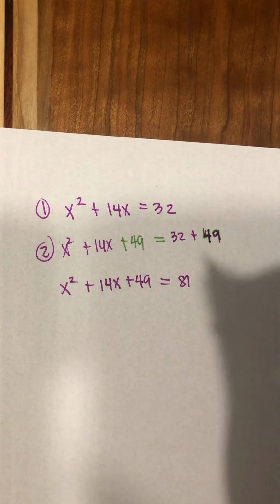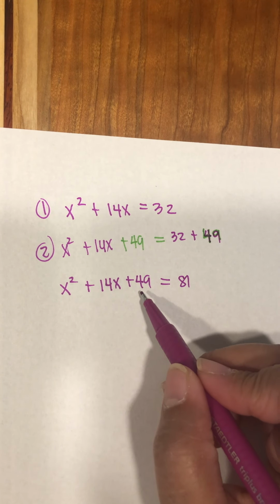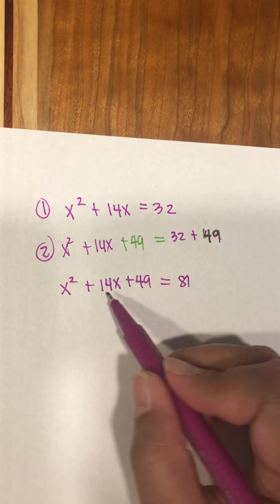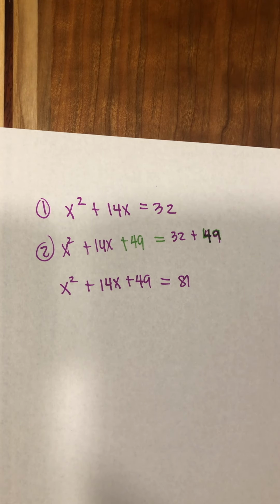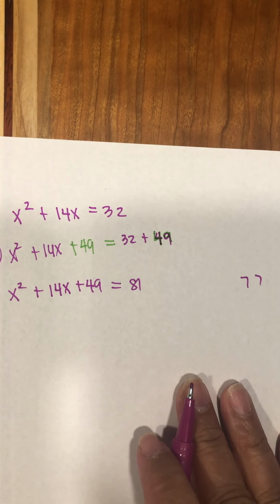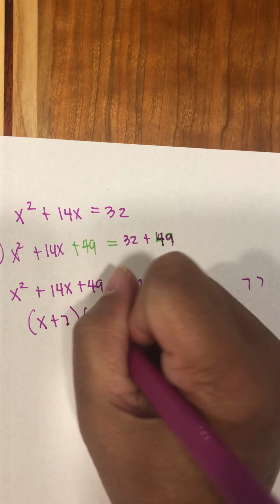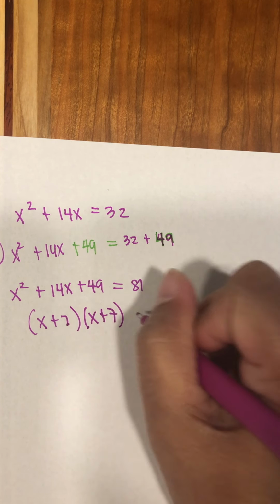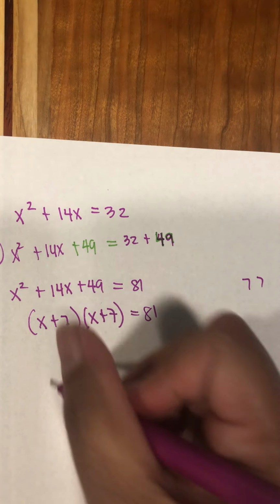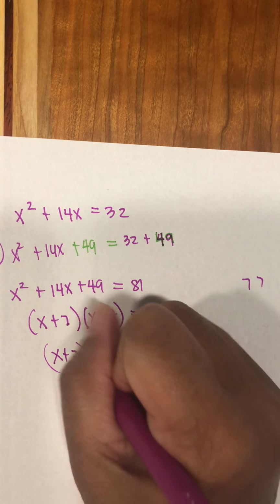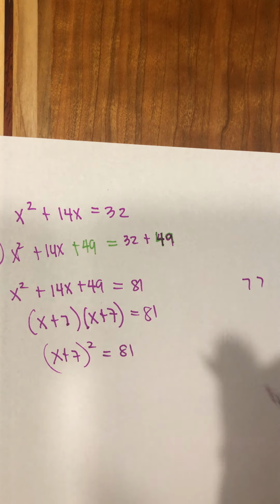Now, what are the factors of 49 that will add up to 14? That would be 7 and 7. So your factors here would be x plus 7, x plus 7. So now you end up with x plus 7 squared equals 81.